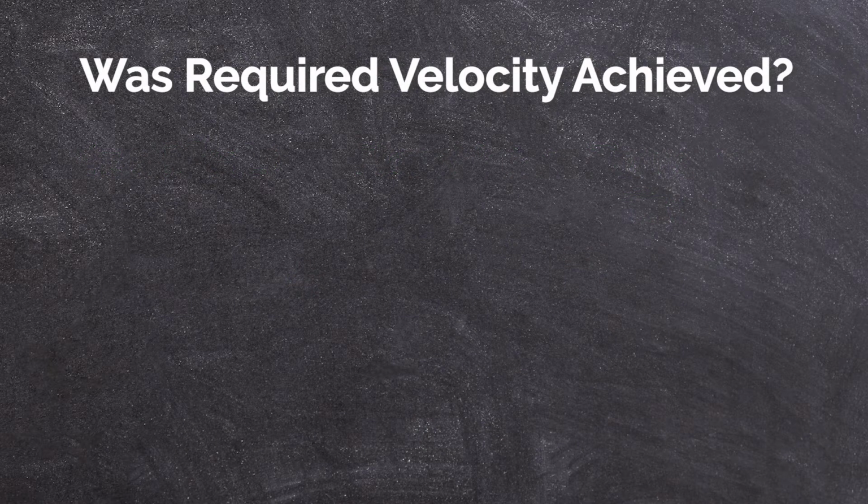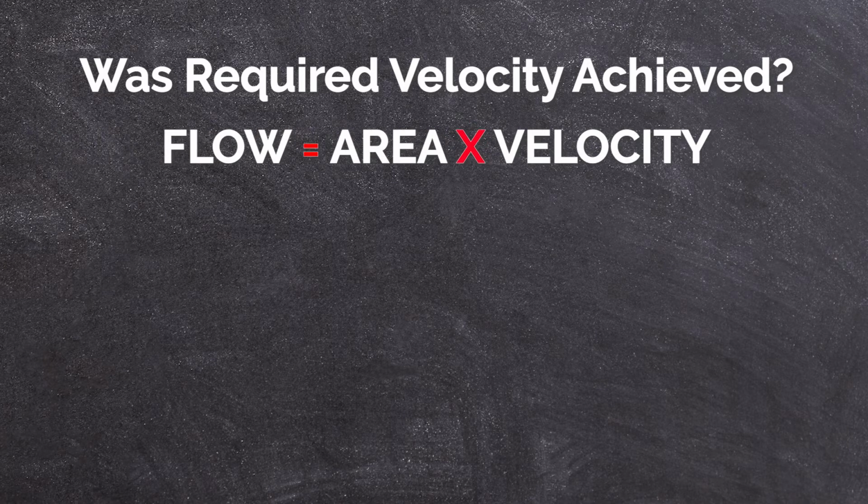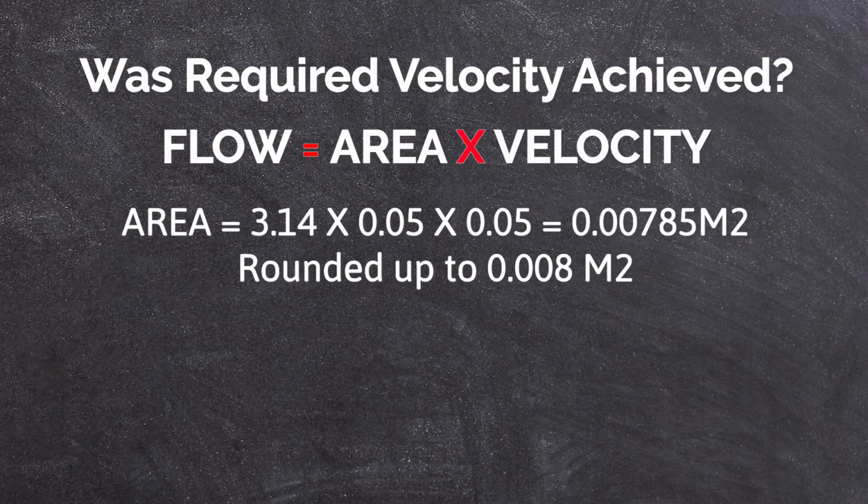Did we achieve the required velocity of flow in the pipe? The recommended velocity is 1.5 meters per second. Therefore, we have to calculate the area of the pipe. Flow equals area by velocity. Area equals 3.14 by 0.05 by 0.05, which equals 0.00785 meters squared, or we'll round it up to 0.008 meters squared.